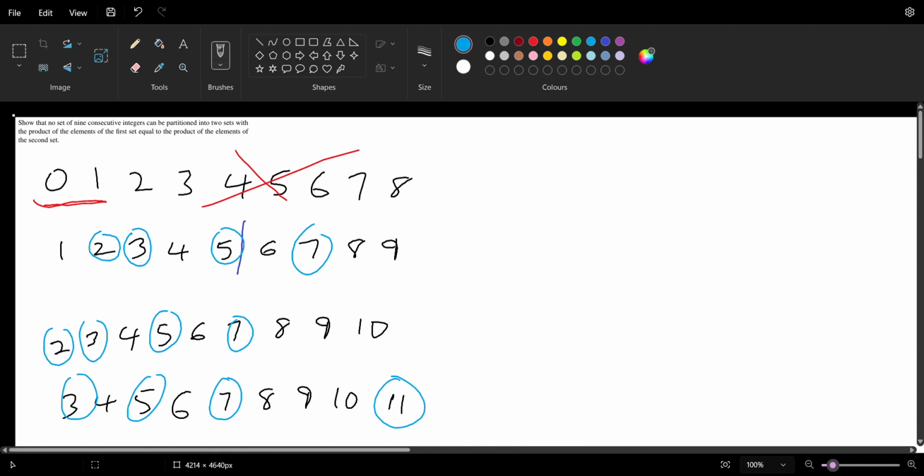Because now that I'm thinking of it, if we split it into two, we can have something like this. On one side you can have 2 and 7, on the other side you can have 3 and 5. These are not equal to each other when you multiply.